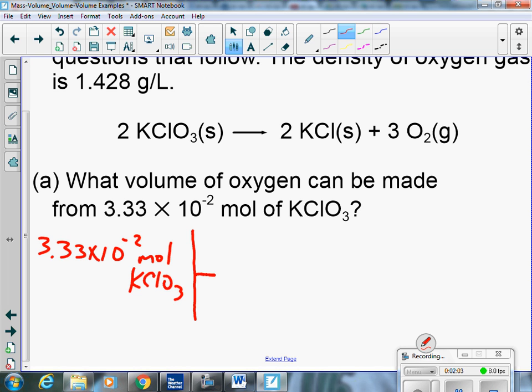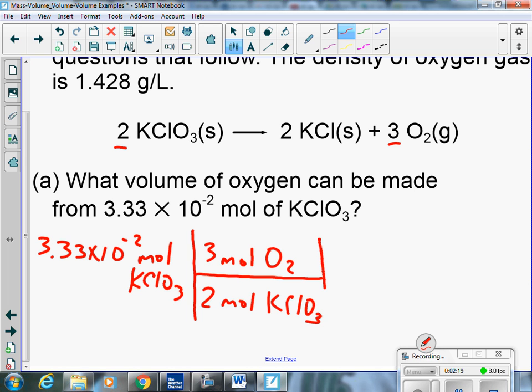So I look at my balanced equation, 2 mole of KClO3, 3 mole of oxygen. So now I have converted this into moles of oxygen, correct?